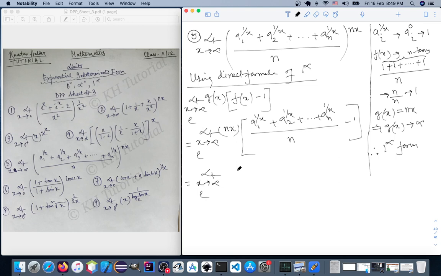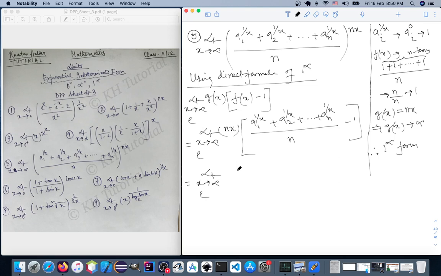Minus 1 by x. We see a to the power x, and we have a standard limiting result: limit x tends to 0 of a to the power x minus 1 by x is log a.